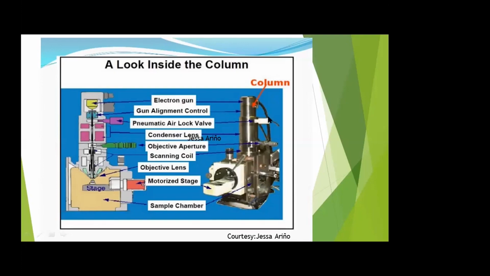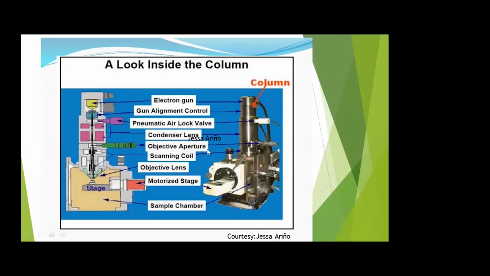Once it is done, we have a pneumatic airlock valve here which fixes the position of the electron gun. Next we have the condenser lens here, which will focus the beam or narrow the electron beam.